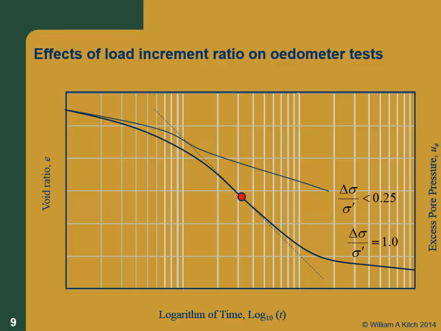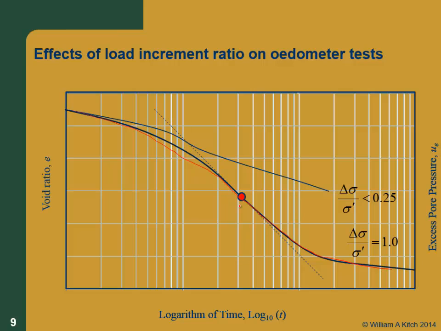Well, if primary consolidation dominates in this part of the curve and there's very little secondary, then we always get a curve like this, because if primary consolidation is way more than secondary consolidation, then you won't have too much secondary consolidation until the primary is gone. But what if we load the soil so there's very little primary consolidation? The secondary consolidation is a function of time, not a function of the load, right? Secondary consolidation is a change in void ratio at constant stress.